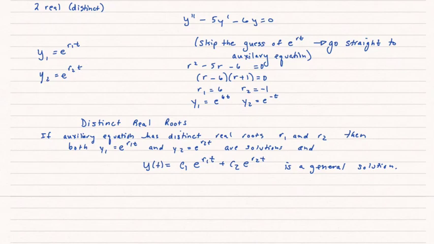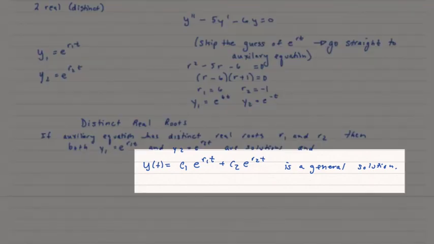However, we can combine them using what's called the superposition principle and state that y of t is equal to c1 e to the r1t plus a different constant c2 e to the r2t, and that's known as our general solution. So if I have two distinct real roots, this is my general solution to the differential equation.